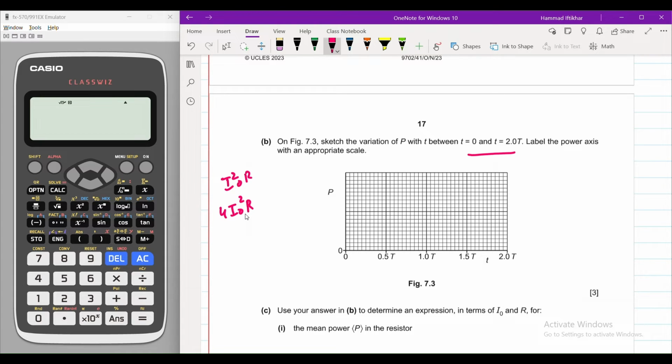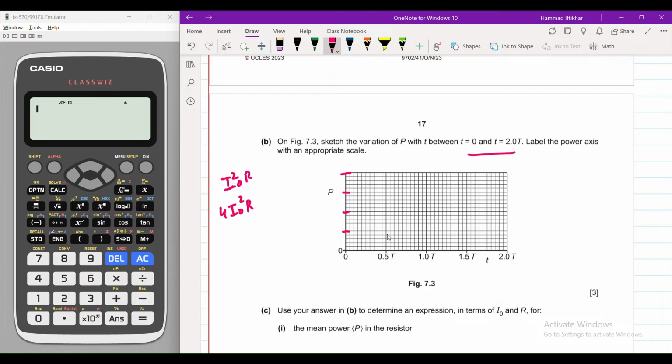So we basically have to choose a vertical scale such that it reflects this. So let's say this is 1, 2, 3, 4. Yeah, we can do that.